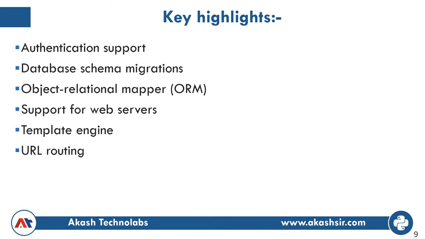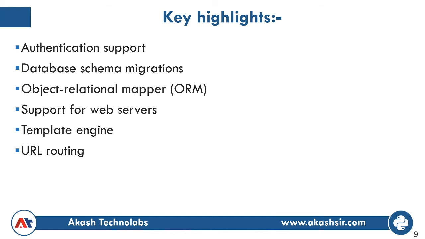Okay. So some of the key highlights of Django are authentication support. Means by default, Django provides authentication for admin, right? And Django is also providing an admin panel. So no need to create an admin panel again, right? And database schema migration. So there are some database schema migrations available, same as Laravel in PHP, and object relational mapper, means we can say the ORM concept.